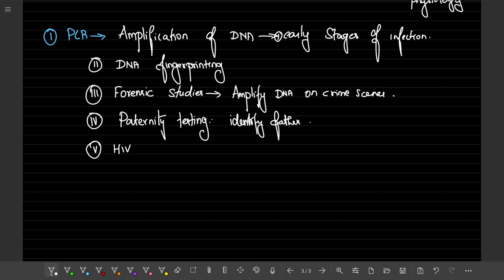Can it be used in HIV? Why graft rejection? Why would we use PCR for that?